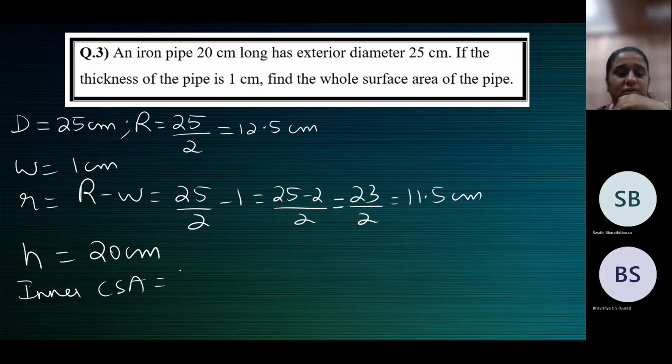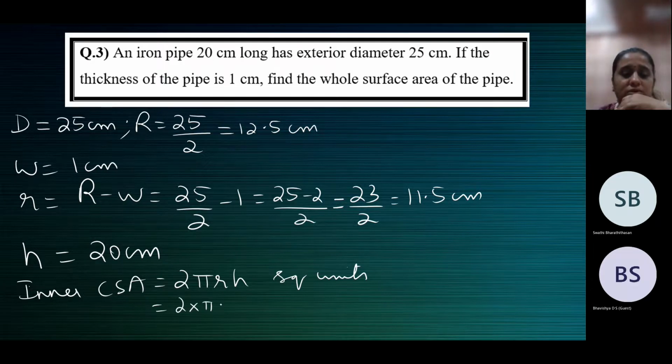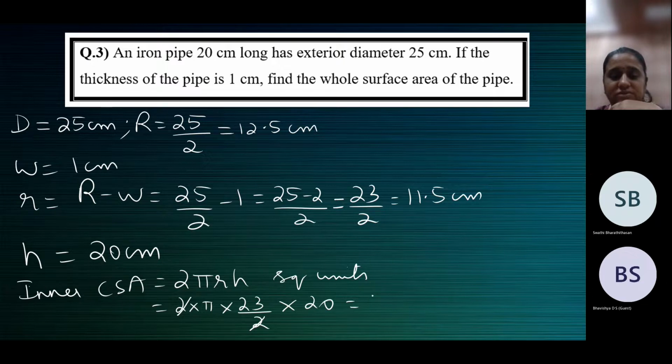Inner CSA is equal to 2 pi rH square units. So 2 into pi into radius small r, 23 by 2, into H, 20. The 2 and 2 get cancelled, and 23 into 20 is 460. So 460 pi centimeter square. Did you all get this inner CSA?